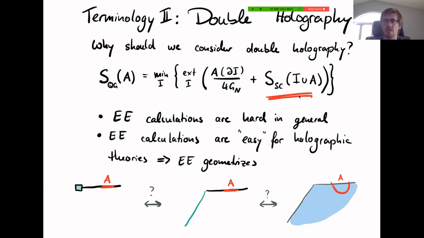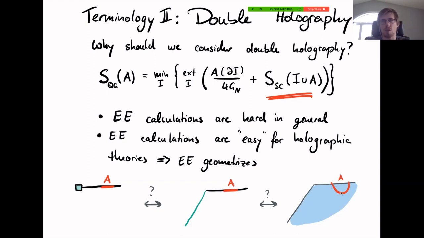Instead of doing this hard calculation of entropy in our CFT, say in higher dimensions, we can use the RT formula. So the whole calculation geometrizes, and on the right-hand side I have an area which I have to compute here, and then I have an area in higher dimensions which I have to compute here. Very roughly speaking, I consider some region A here, and in order to compute its entropy, I have to compute the area of an RT surface, which maybe looks like so.